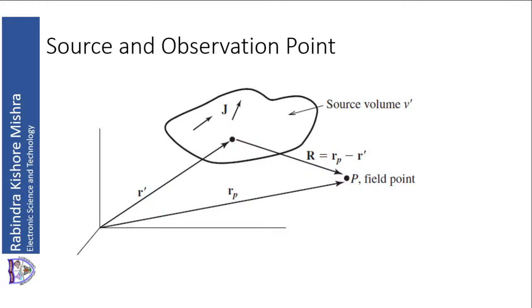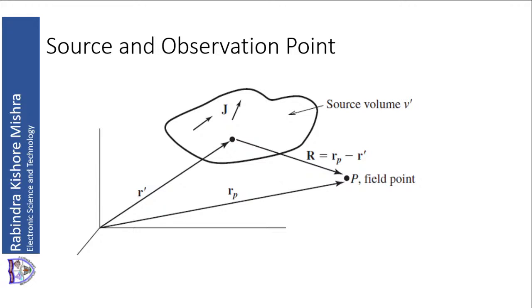This source is enclosed within a volume V dash. So V dash encloses the source. R dash is the position vector of the source, and within the enclosed volume the current density is J. So the source point is R dash.